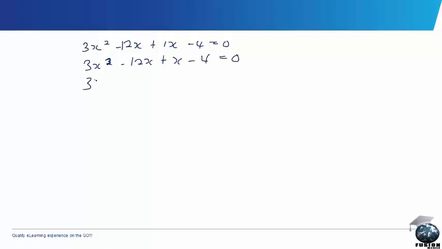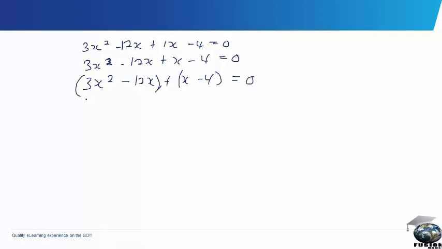And so from this line it follows that you have 3x squared minus 12x plus x minus 4. I just form my brackets at this point.